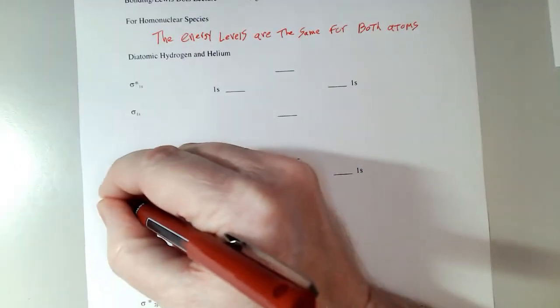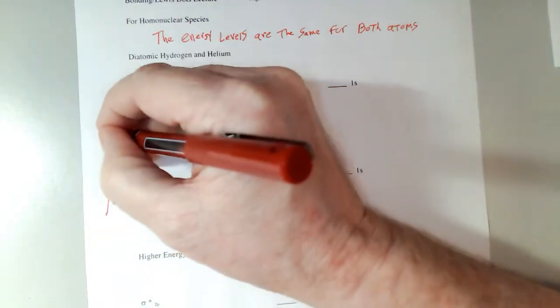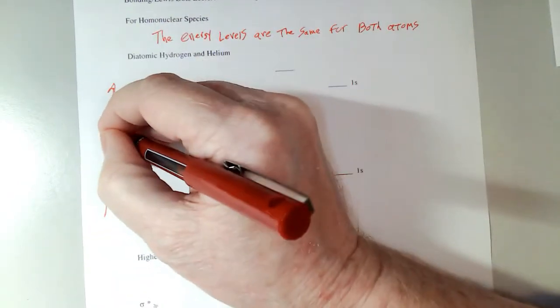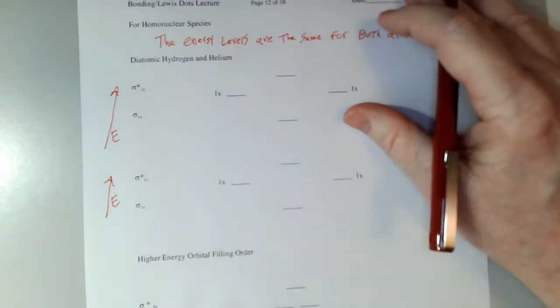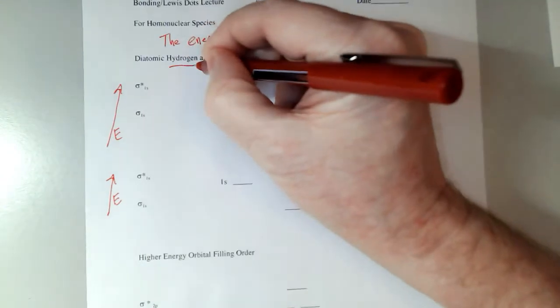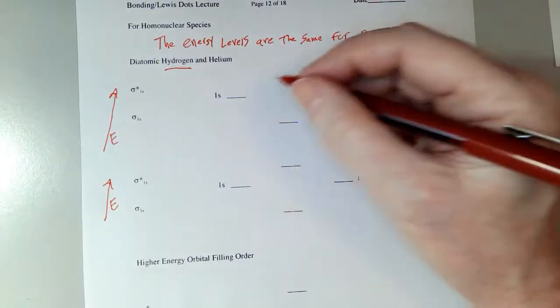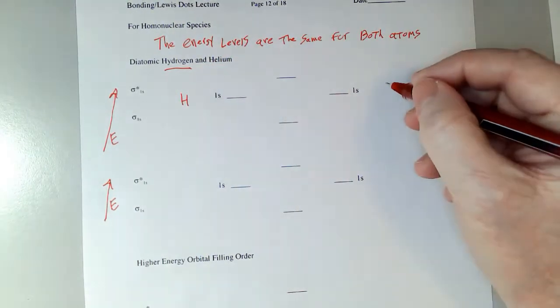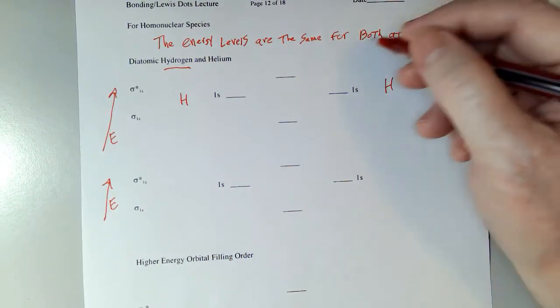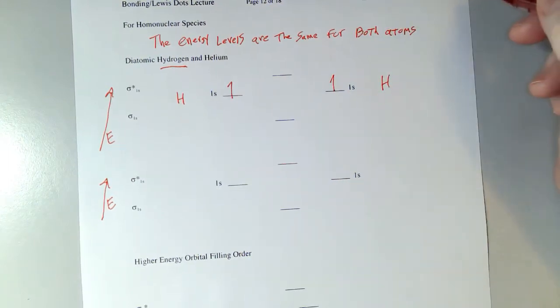So let's consider that these are graphs, energy going up in both of these situations, energy increasing. Now, here is hydrogen. In hydrogen, you have an H here, you have an H here, and each hydrogen comes in with one valence electron.